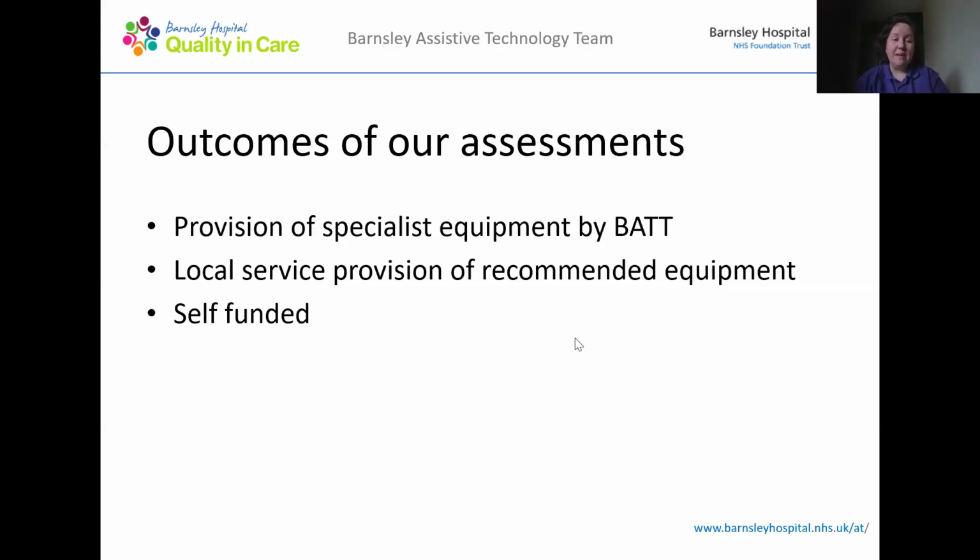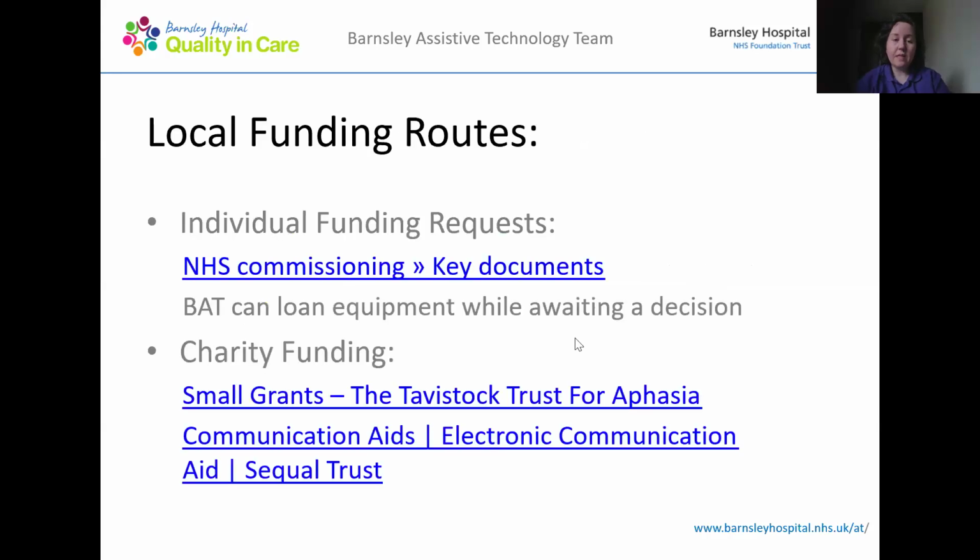That might be, for example, because they need something that's not so complex. Or sometimes people self-fund their own equipment. And this is just an example of some of the ways that local funding might happen. I don't know how it works with you not being the NHS, but in the NHS, there are individual funding requests. But there are also charities that you can go to for funding for communication aids.